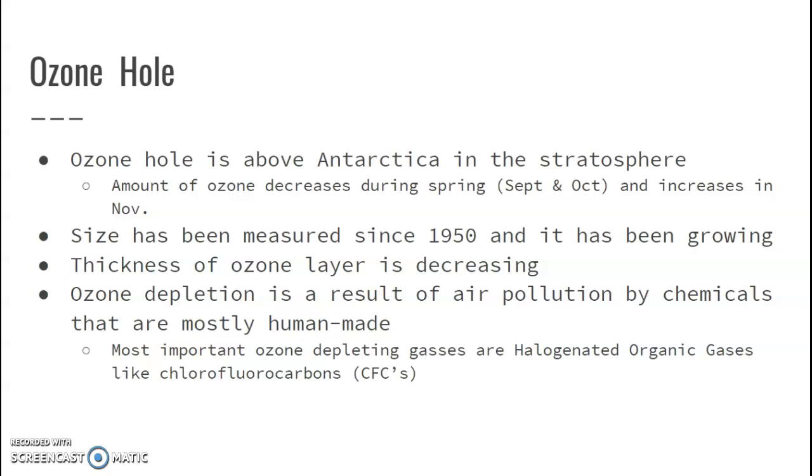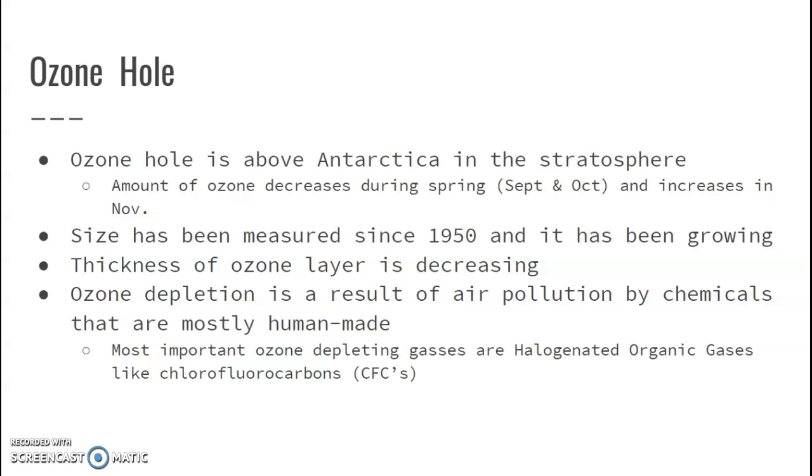The lowest amount of ozone is during the springtime in the southern hemisphere, which is September and October. And it increases over the summertime and into the winter. Summertime starts in November, December in the southern hemisphere.